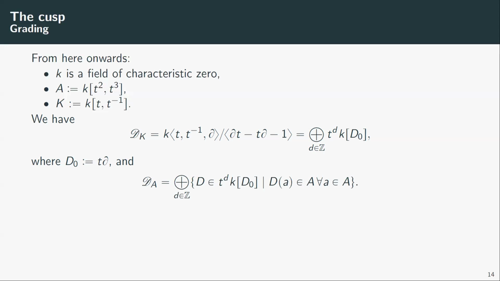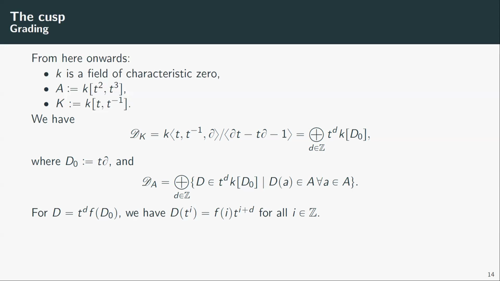So now we can determine the elements of dA by looking at each of the graded parts, and this is about looking at properties of polynomials. For example, if I have an operator D, which is described as t to the d times some f of D0, then when I evaluate D on some t to the i, it will look like this.